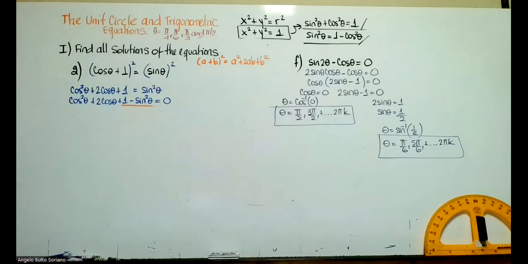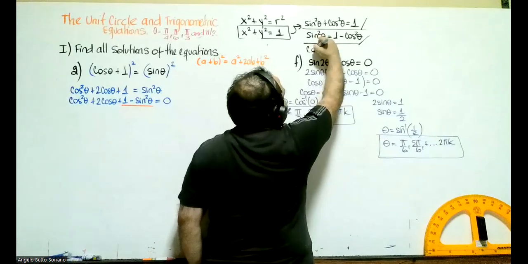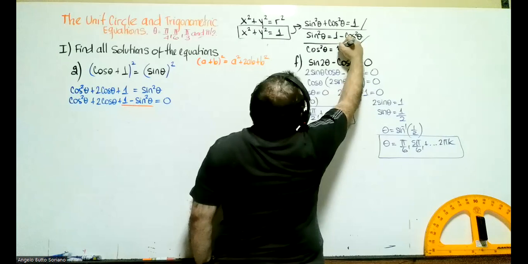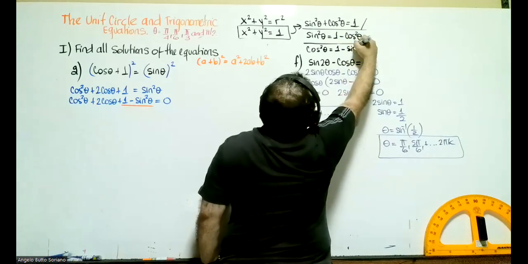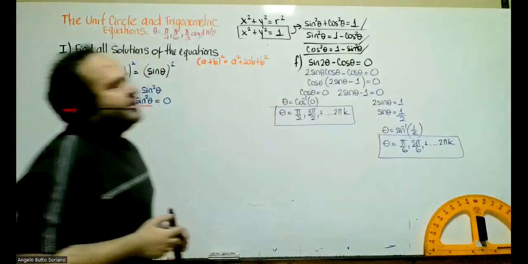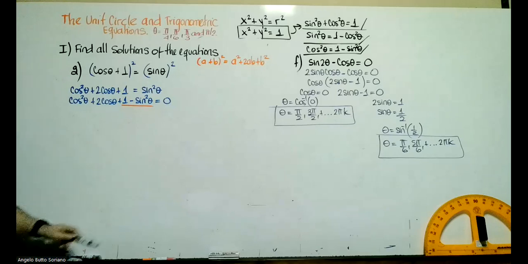Yes or no? I hope you saw that already, because instead of solving for sine squared theta, we're solving for cosine squared theta, that will be equal to 1 minus sine squared theta, right? And basically, 1 minus sine squared theta will be cosine squared theta.